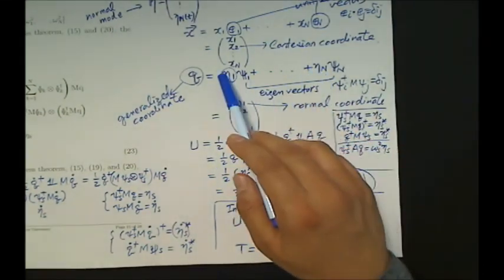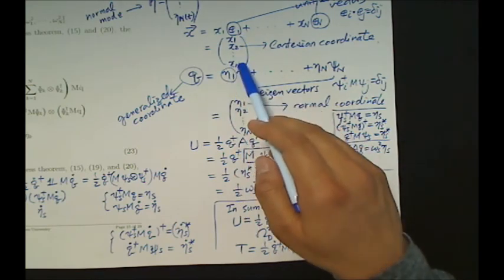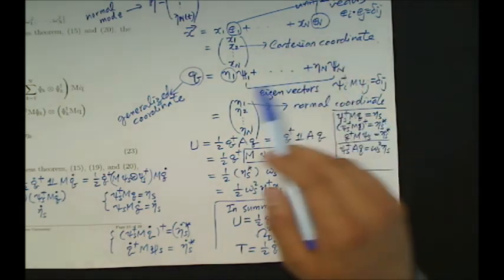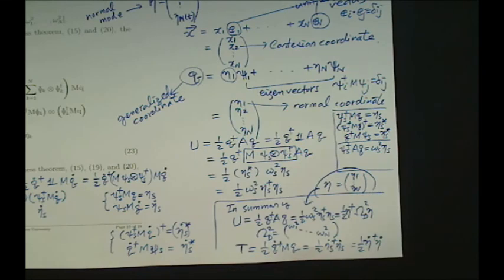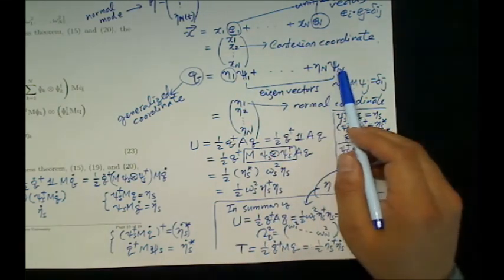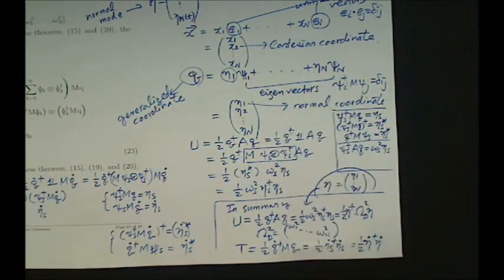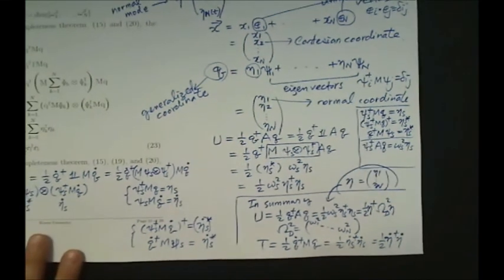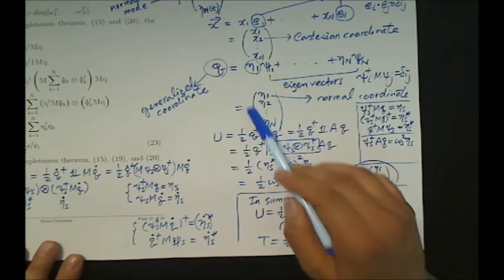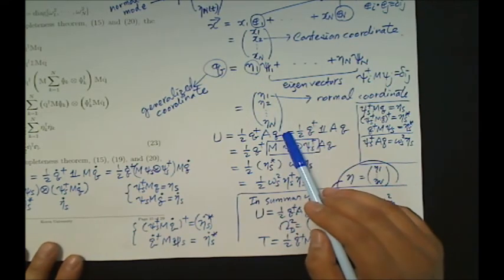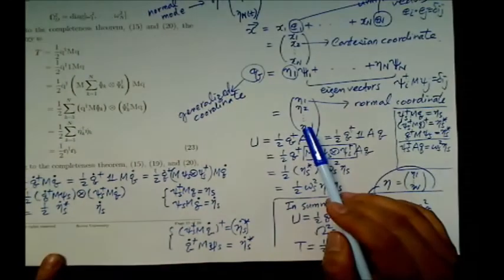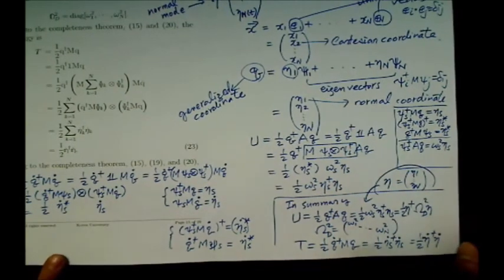All of the coefficients, just like x1 to xn for the Cartesian coordinates, are called normal coordinates because they are coefficients of the normalized basis vectors. Once we obtain the normal coordinates, the equation of motion is completely decoupled.